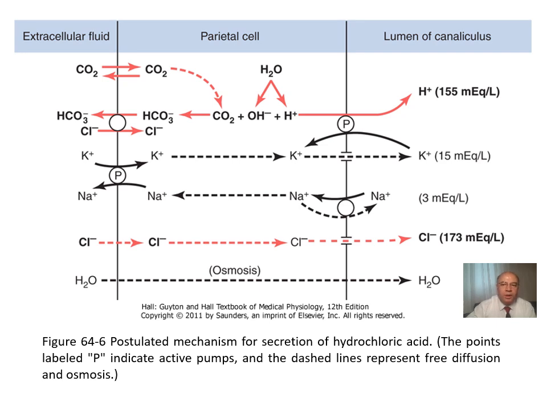On the luminal side, you can see hydrogen potassium ATPase pumping hydrogen into the lumen. And you can see that the chloride is diffusing from the extracellular fluid by a transcellular way to the lumen of the gland. Water diffuses by osmosis. You know, the diffusion of water is called osmosis.